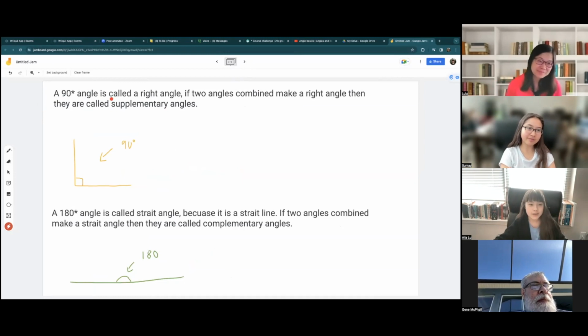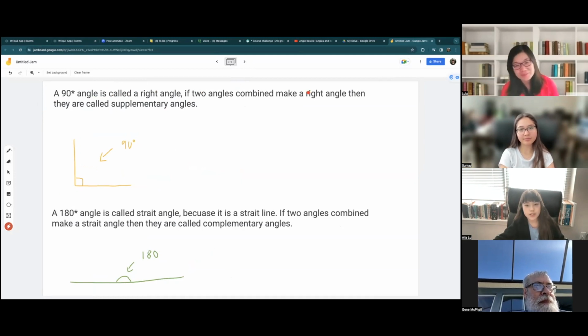So a 90-degree angle is called a right angle because you could draw a perfect square here. And if two angles combined make a right angle, then they are called supplementary angles.